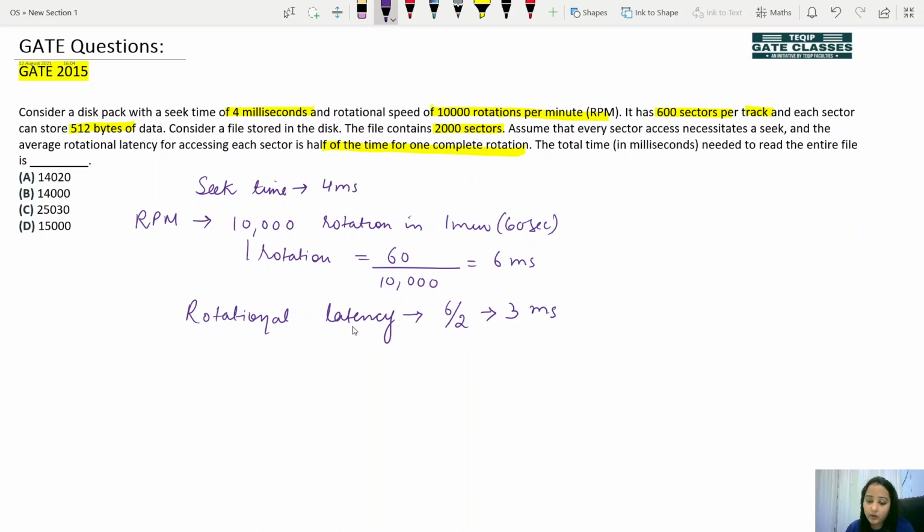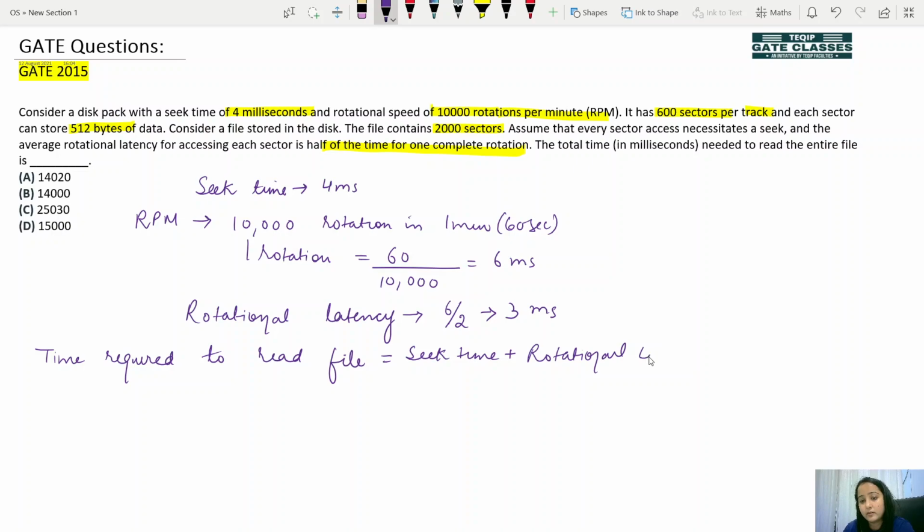Now, what is the time required to read the file? Time will be seek time plus rotational latency plus transfer time.